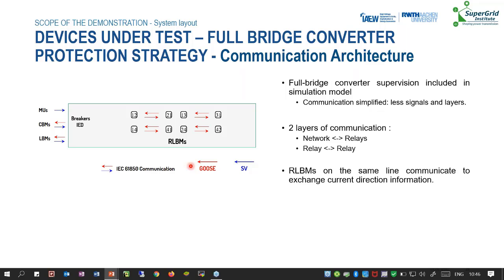The second one is between the protection relays, which is actually used also for the identification algorithm, which is the same as the CBS. We're going to exchange the direction of the current between the line ends to identify the fault location. So here a total of 8 sample values and 43 GOOSE messages were needed for the protection.